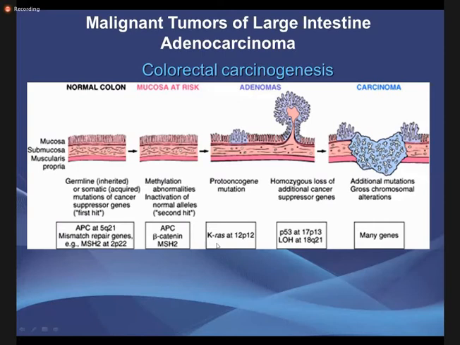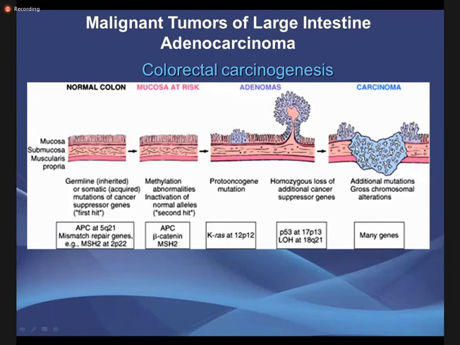So these are the mutations present, and then there is the proto-oncogene mutation KRAS, which causes the proliferating epithelial cells to be converted into adenomas. Adenomas are polypoidal or finger-like projections lined by epithelial cells. So this is the adenoma, and when further mutations accumulate, that is p53 and many other genes, they will cause invasive carcinoma.